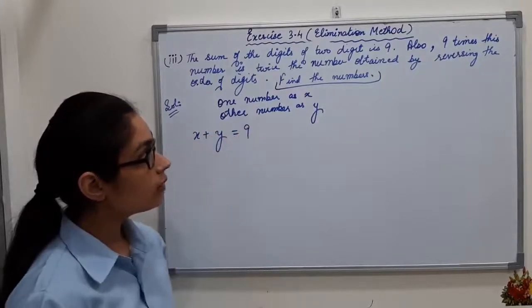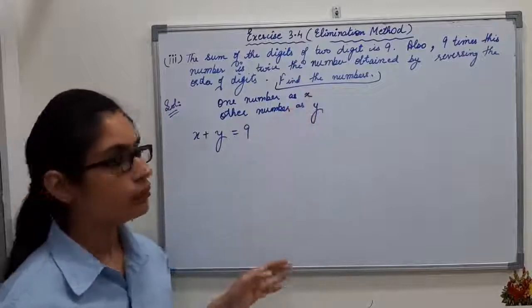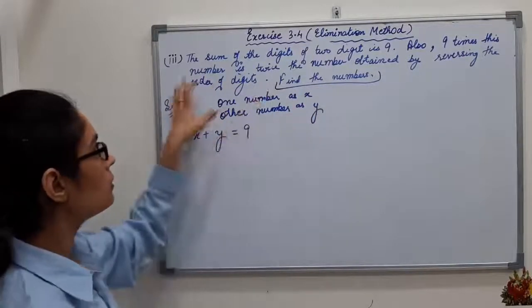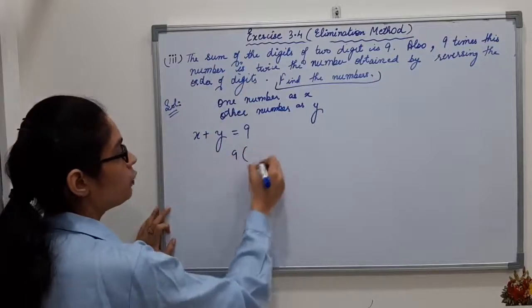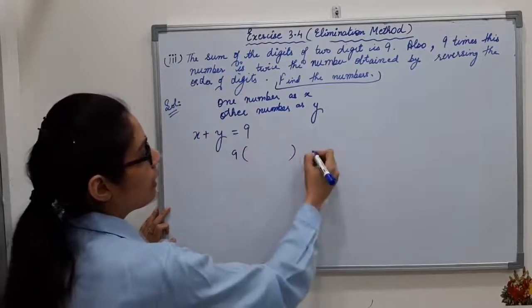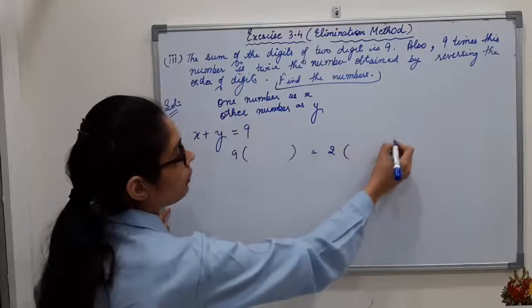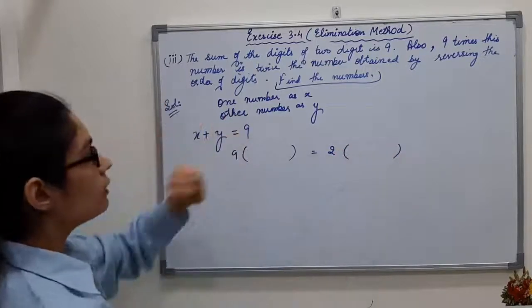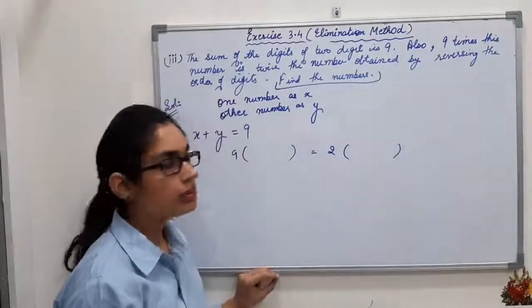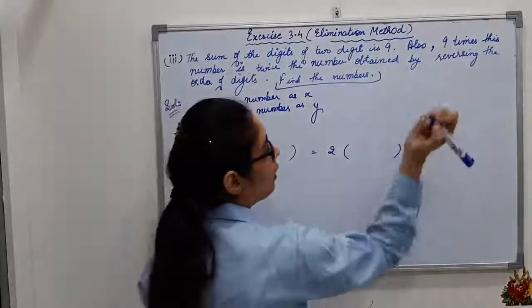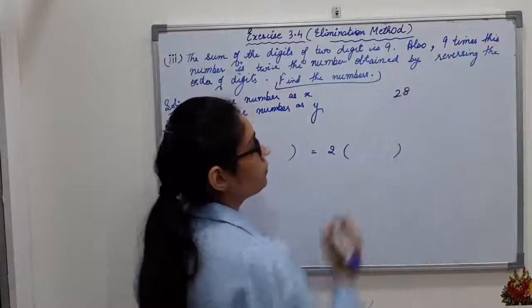Now the next line is very much confusing. See, also 9 times this number. Times means you have to put multiplication. It is twice the number obtained by reversing the order of digits. For example, just assume any 2-digit number. I'll assume 28.